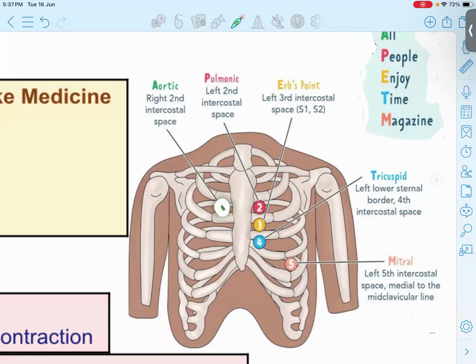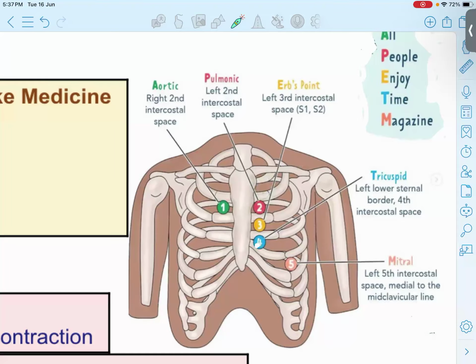It is aortic, pulmonary, tricuspid, and mitral valve. The aortic and pulmonary valves are both situated in the second intercostal space, at the sternal border. The aortic is on the right side of the sternum, and the pulmonary on the left side.